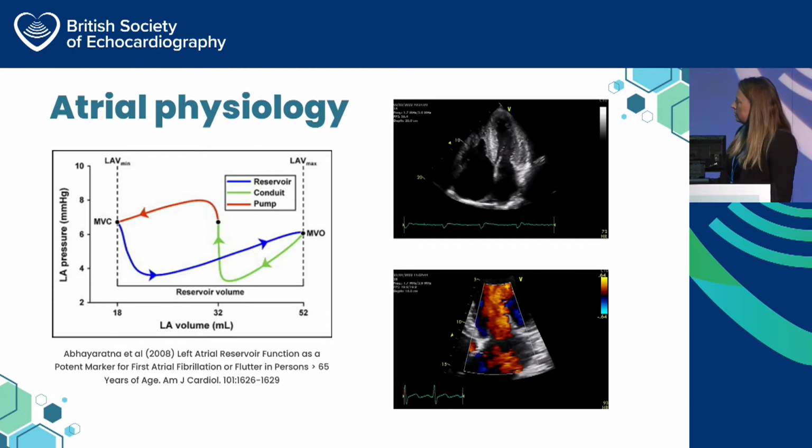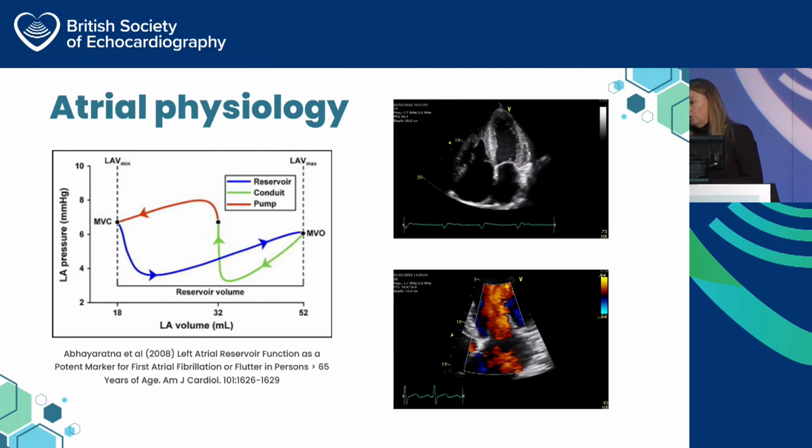And the reason for pointing this out is most people understand that when the ventricle is filling with blood from the atrium and the mitral valve is open, that atrial function is very much dependent on left ventricular filling. And that's why we're interested in atrial size. So when that mitral valve's open, the flow and the pressure in the atrium is dependent on left ventricular relaxation.